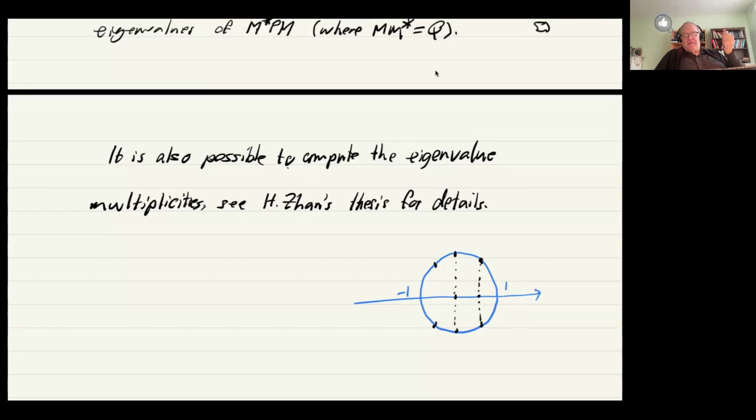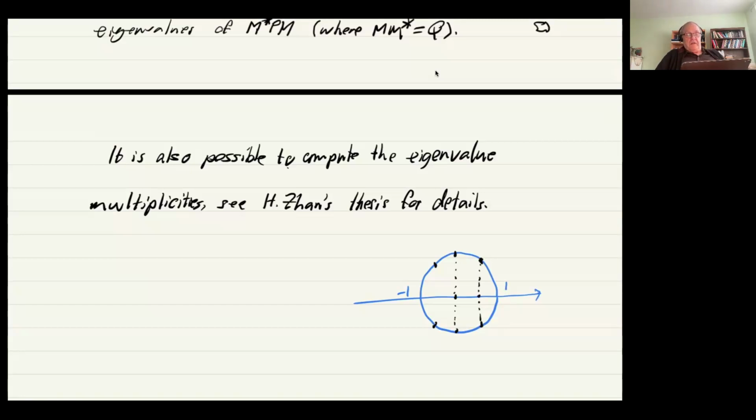And if I know that U is real and both of them are there, then I've got no problems. Okay, and so the eigenvalues of MPM lie in this interval -1 to 1, and then they give us the real parts of the eigenvalues of U.